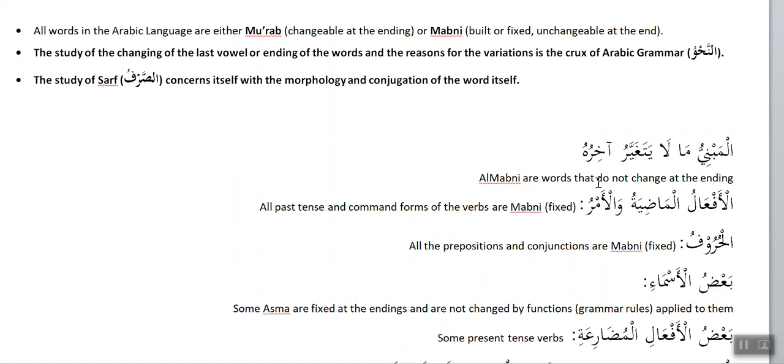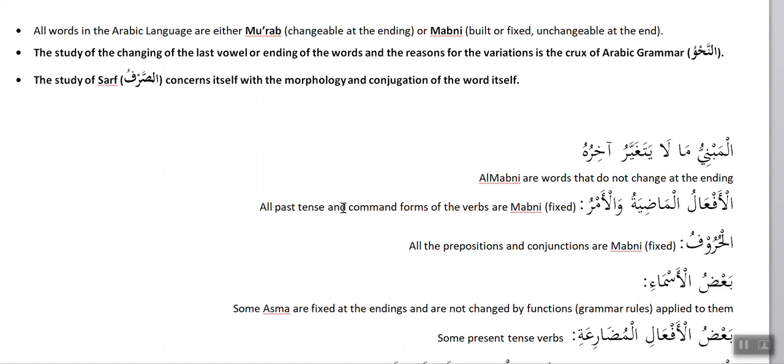For example, kataba, that ba would always have a fatha, kataba. It's built like that. It's structured like that. There's no time you say katabu or katabi or katab. Are you following me? It's fixed like that. And examples of that are al-af'al al-madiyatu wal-amr.